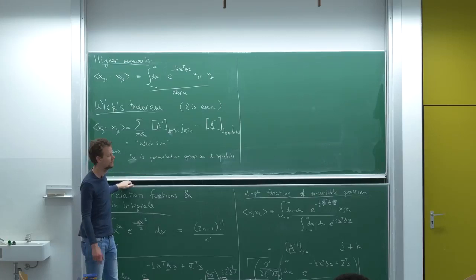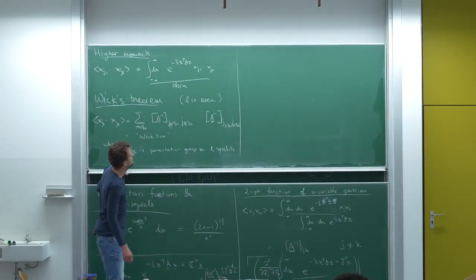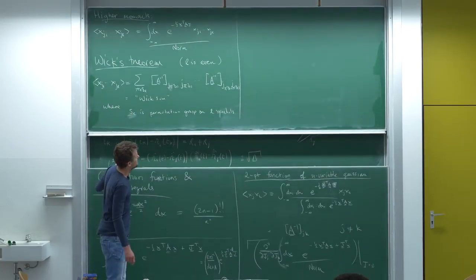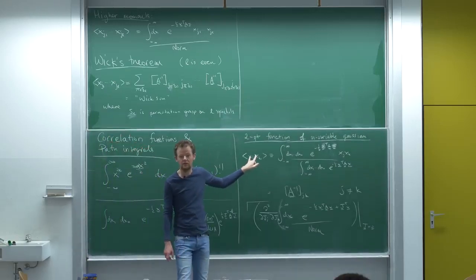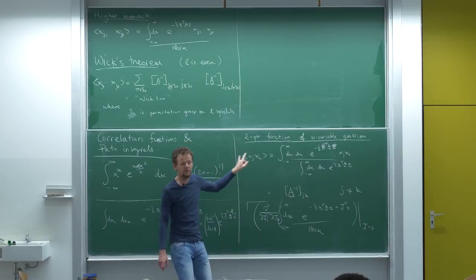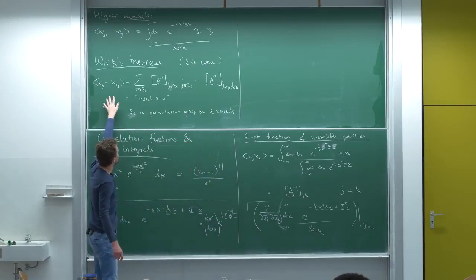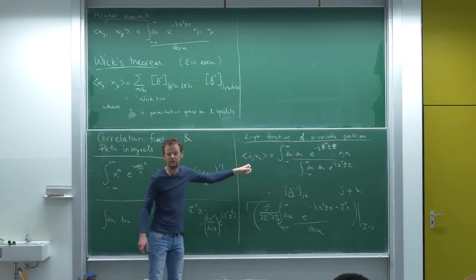We already identified what they were. These matrix elements are none other than two-point functions. So we've managed to derive an expression for an L-point function in terms of a product of two-point functions.